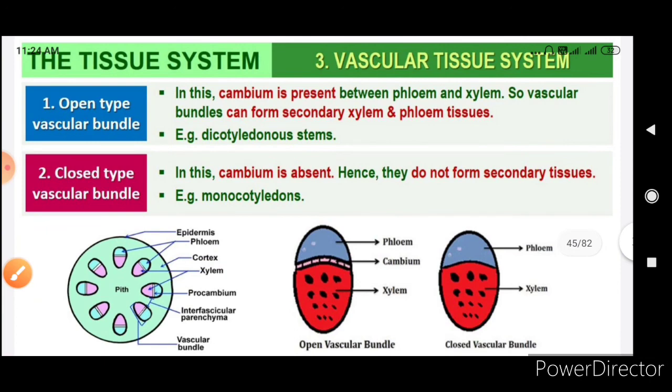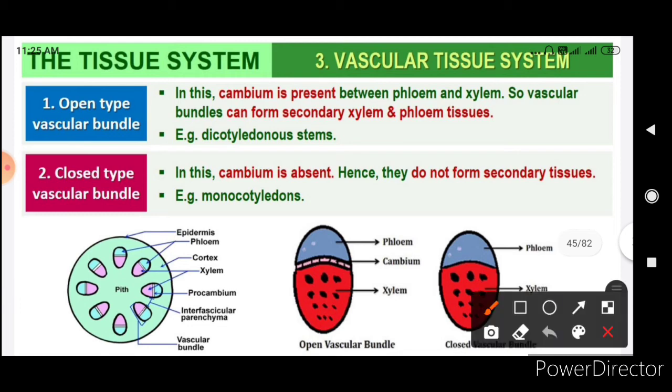Open type vascular bundles are those in which cambium is present between the phloem and xylem, so they can form secondary xylem and phloem tissue, as in the dicot stem. Closed type vascular bundles are those in which cambium is absent, and hence they do not form secondary tissue. So you will see no secondary growth in the monocot plant. You can see here the pink layer is the cambium.